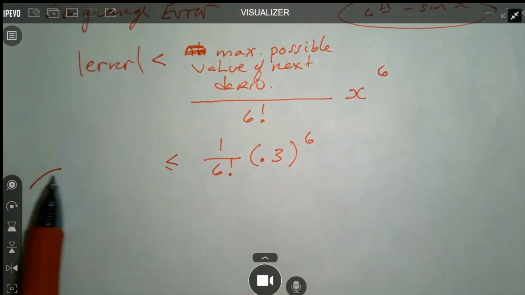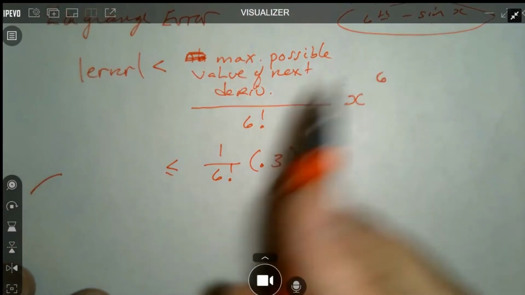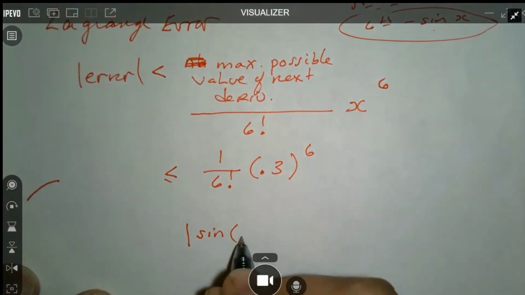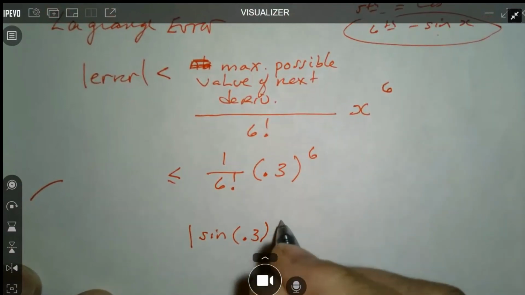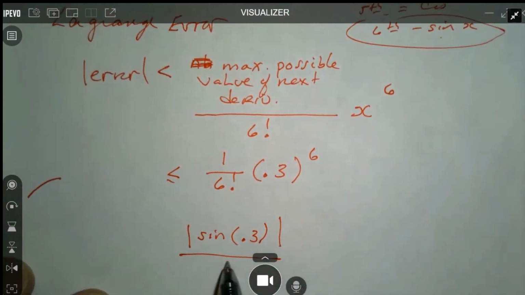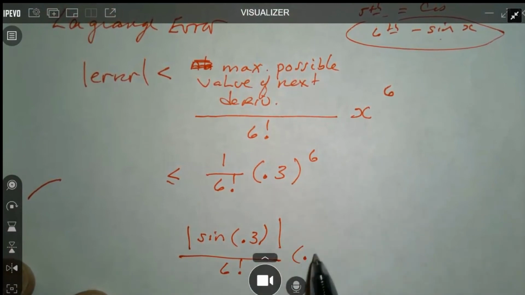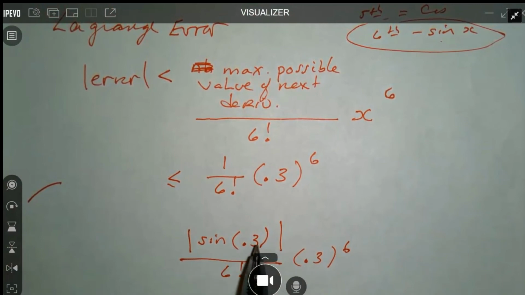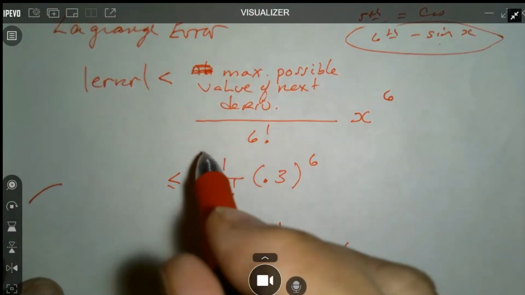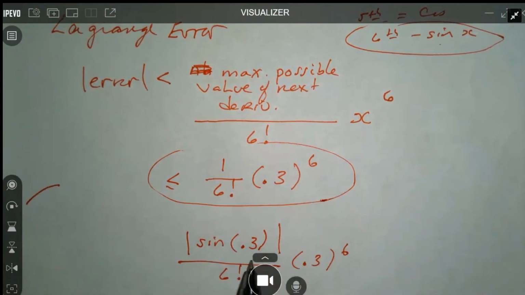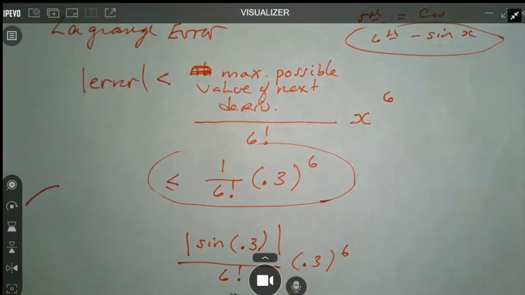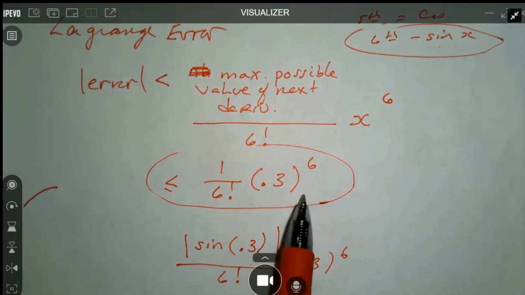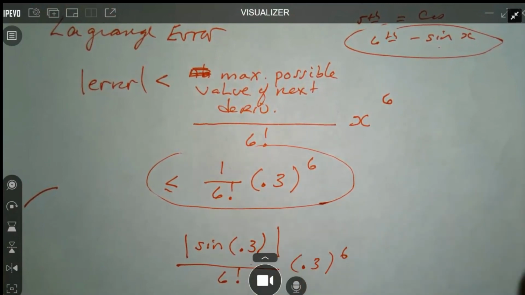So the largest that this could possibly be would actually be the absolute value of sine of 0.3, and that would be over 6 factorial times 0.3 to the sixth power. Okay, but the sine of 0.3 is less than 1. So this is less accurate. This is more accurate. But if they're saying the error has to be less than something, you're safe on going with this expression here. So that's the answer they picked.